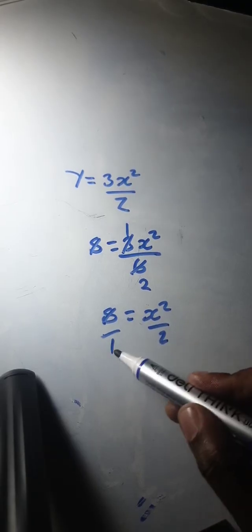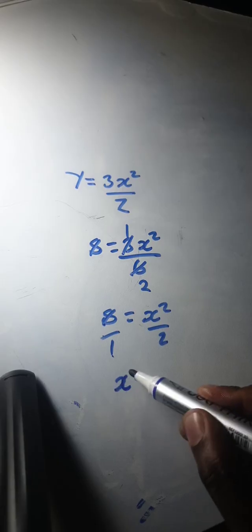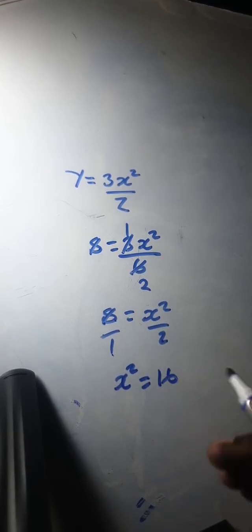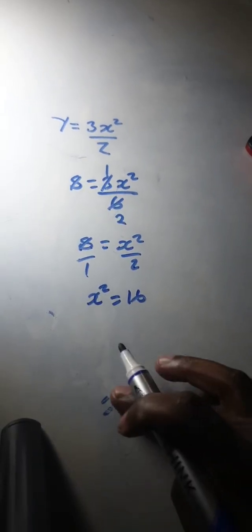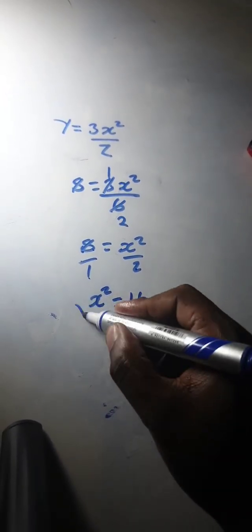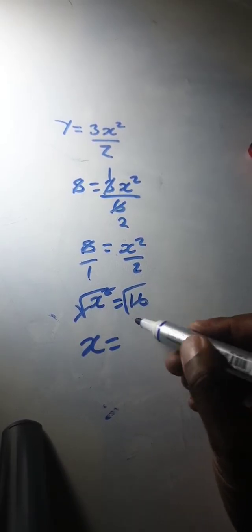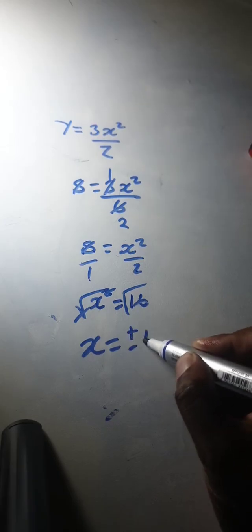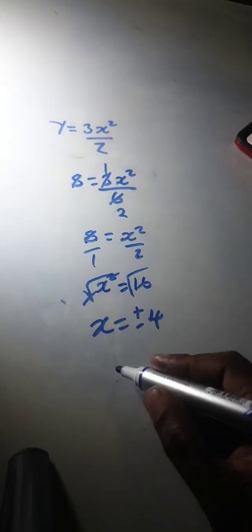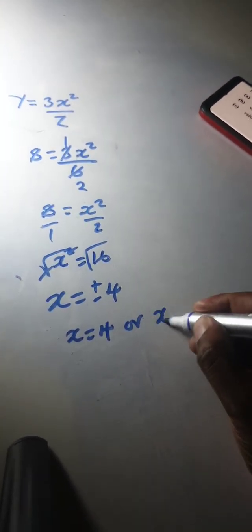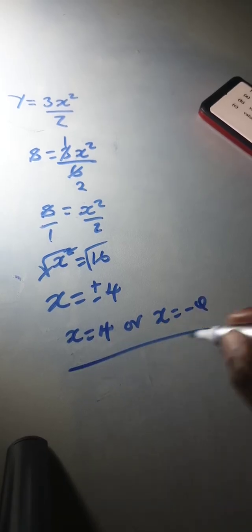Cross multiplying, x squared equals 8 times 2, which is 16. Then we take the square root of both sides. X is equal to the square root of 16, which is either positive or negative 4. So x is 4 or x is negative 4.